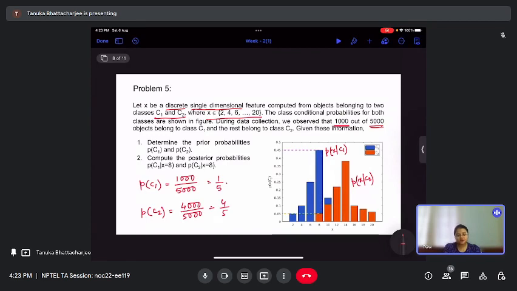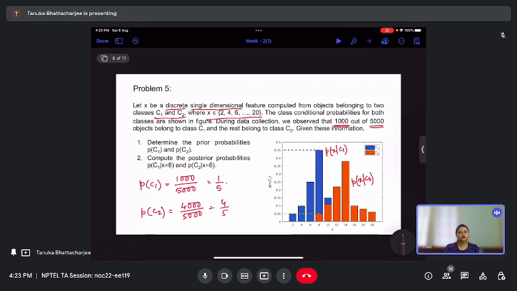So these are the prior probabilities of the two classes. Now you can see that we are assuming there are only two classes. So, given an object, it will belong either to class C1 or class C2. Since these are the only possible classes, the prior probabilities add up to 1, and this is actually happening here.